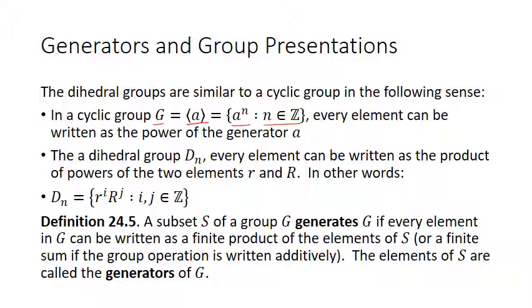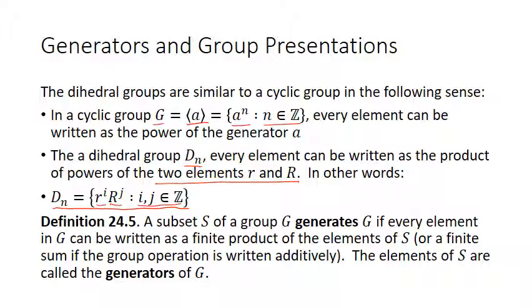So every element can be written as a power of the generator A. In a dihedral group it's similar, except we don't just have one element, we have two elements, little r and big R. But we can use just little r and big R to write every single other element. So you can define the dihedral group like this: little r to the i, big R to the j, where i and j are integers.